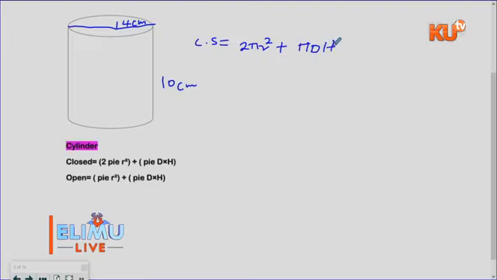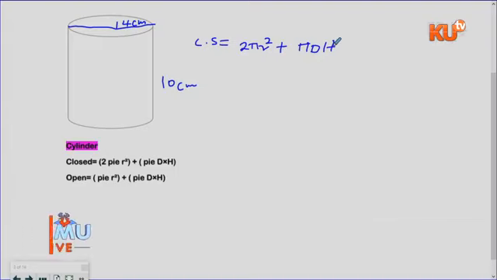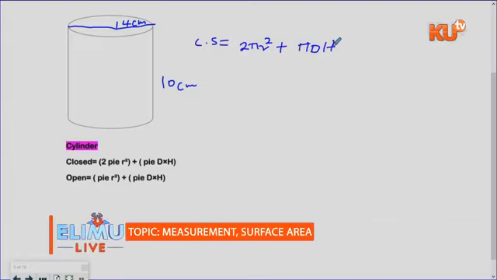Now why do I say 2 pi r squared? Remember, I've said when we're finding the surface area, we're supposed to find the areas. Now that this is closed, we're supposed to find the areas of the two circles, and then we find the curved surface area. The reason why we are multiplying by 2 is because you know how to find the area of a circle. We normally use pi r squared, but because there are two, we multiply by 2.